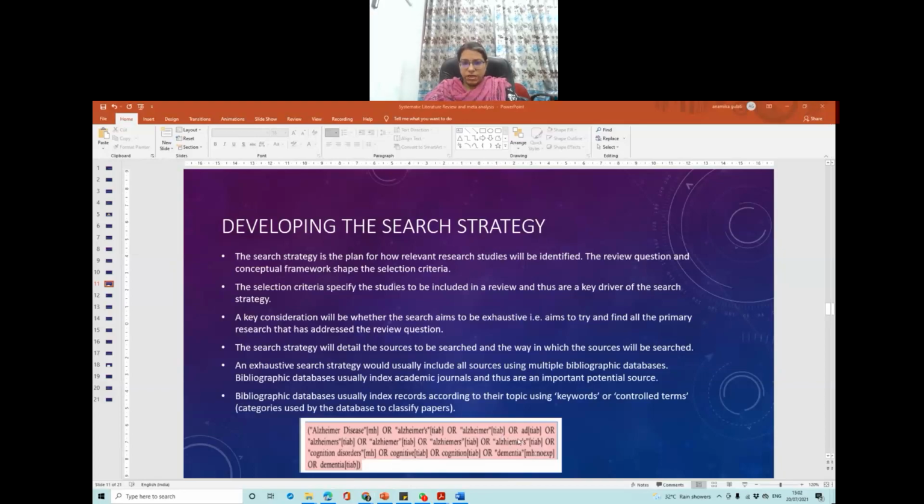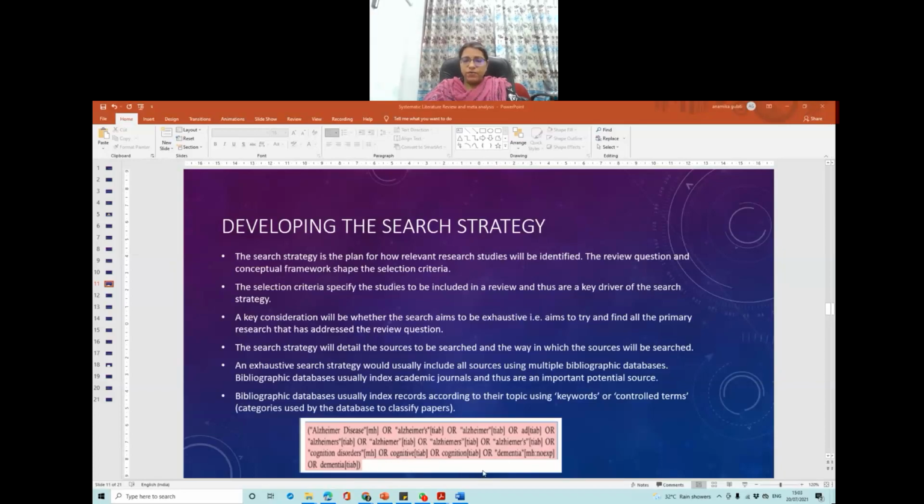a search string which has been created to search anything related to Alzheimer disease. What we have used is Alzheimer disease, Alzheimer, or Alzheimer's, or some kind of terms which may be present in the index, in the title, in the abstract, or in the body of the research article.